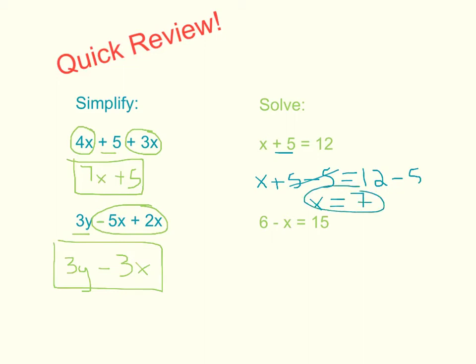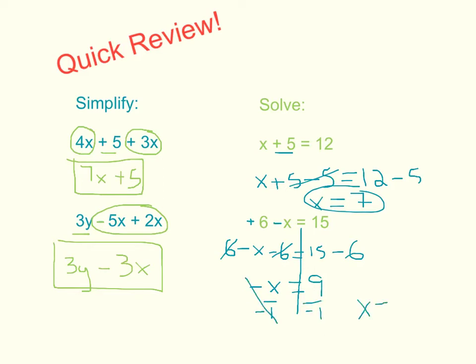In the second example, we have a negative x, and then the 6 is positive, so to get rid of that 6, we have to subtract 6 on both sides. And then you're left with a negative x. 15 minus 6 is 9, and then divide by negative 1, divide by negative 1, so x equals negative 9. So just 4 quick examples to refresh your memory before we get into today's lesson.